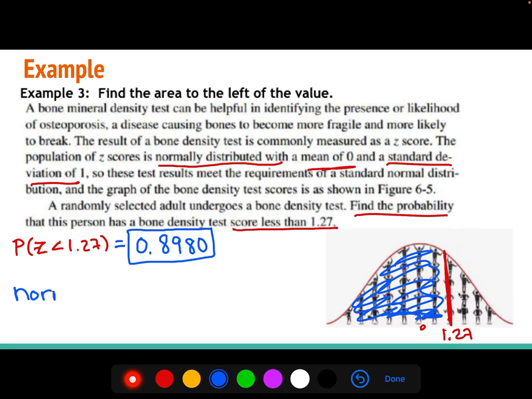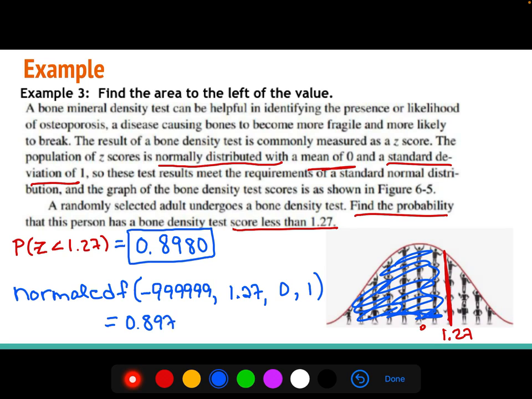Now, if I wanted to use my calculator, that's normal CDF, because this is a normal distribution and it's cumulative, it's less than, of the smallest number. Remember, your calculator has some issues with it. We talked about this in the last unit. Our Z-score, 1.27, our mean and our standard deviation.